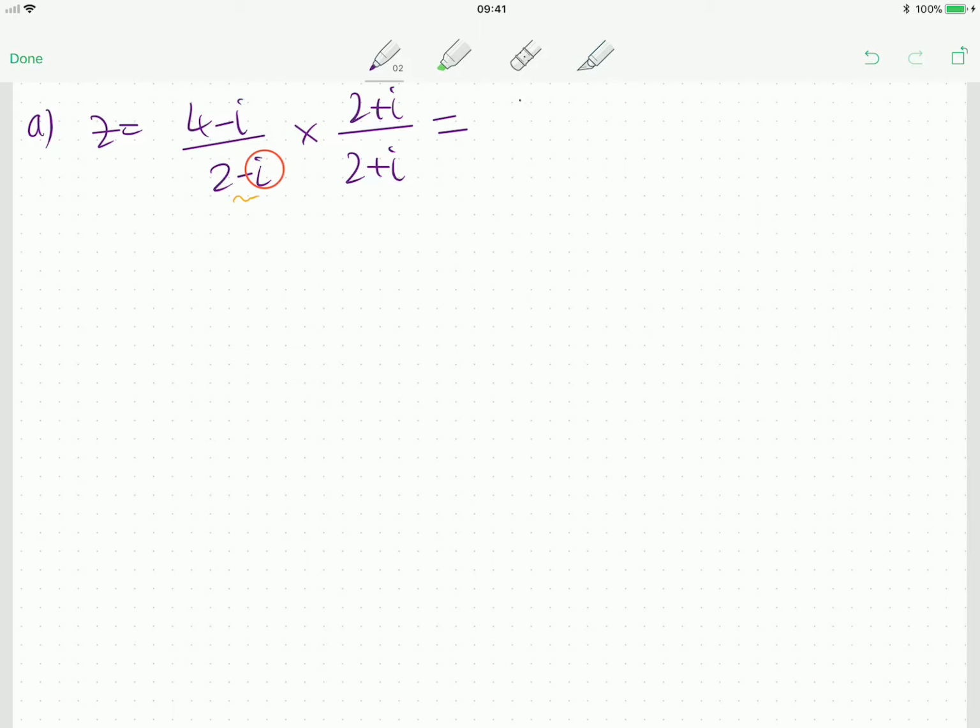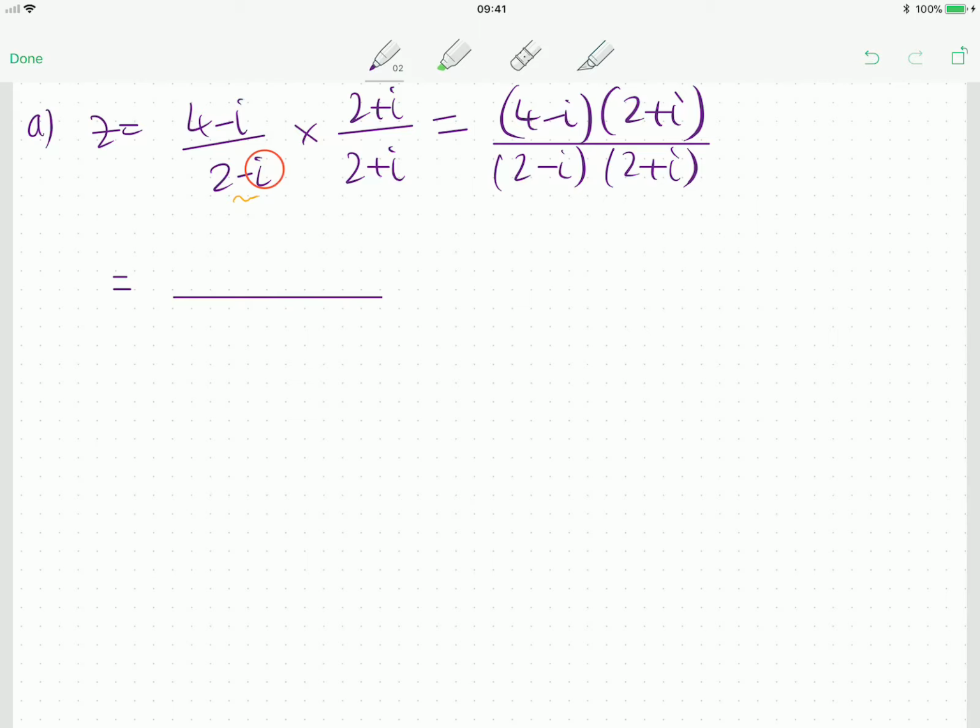Okay, so across the top, I'm going to multiply these complex numbers. And the bottom, I'm going to do the same. I'm going to multiply those two numbers. So let's start with the top. 4 times 2 is 8. 4 times i, 4i, minus i times 2, and minus i times plus i, minus i squared.